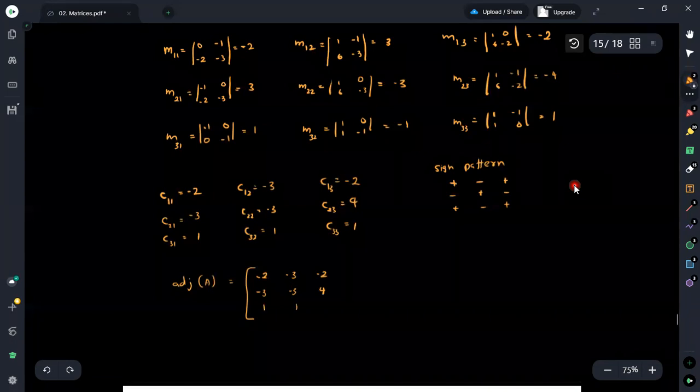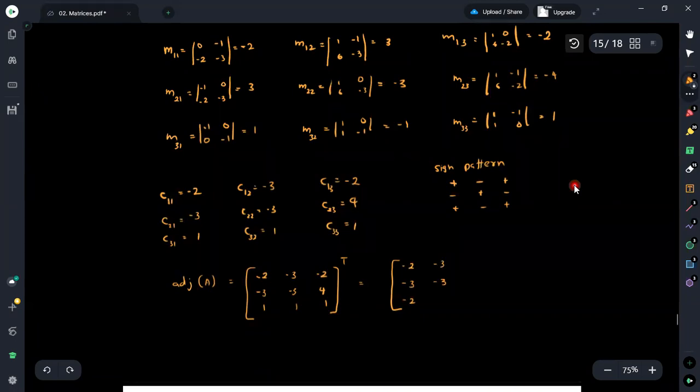Then 1, 1, and 1. You have to take the transpose of this matrix. If you write down the transpose, we'll get minus 2, minus 3, and minus 2. Then minus 3, minus 3, and plus 4. Then 1, 1, and 1.